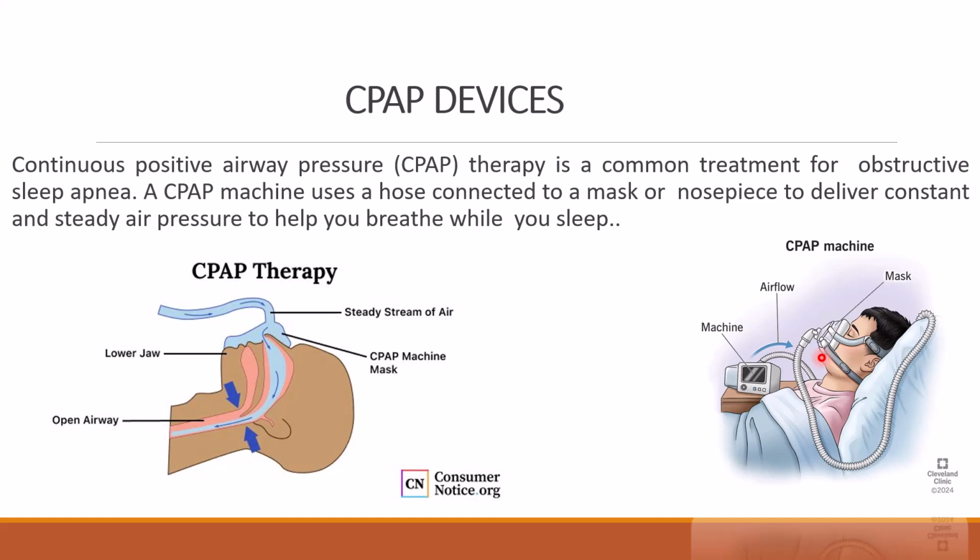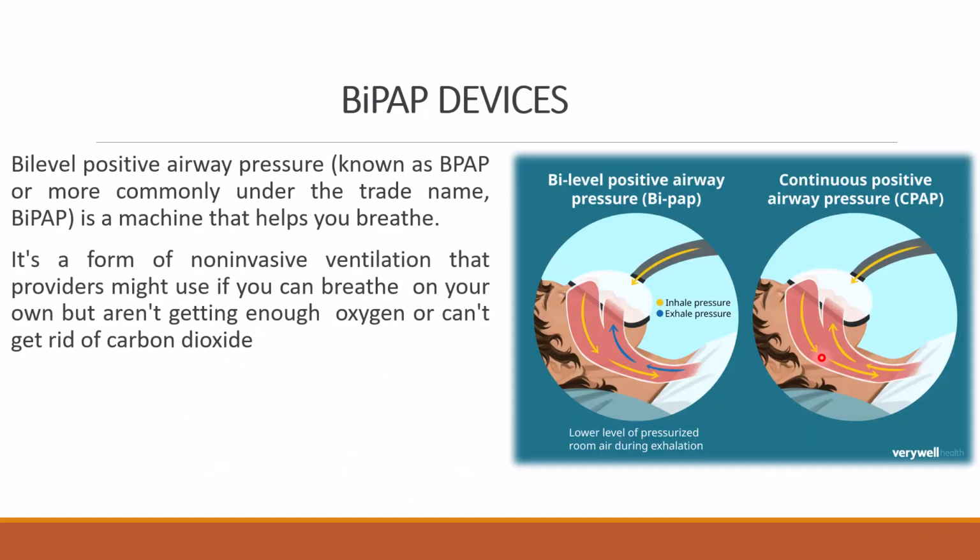We have also the BiPAP, which is bilevel positive airway pressure. The same working principle, and for the same reasons like CPAP, but here we have two different pressures. One called inhale pressure and one called exhale pressure. But in CPAP we have only one pressure applied to the airways.